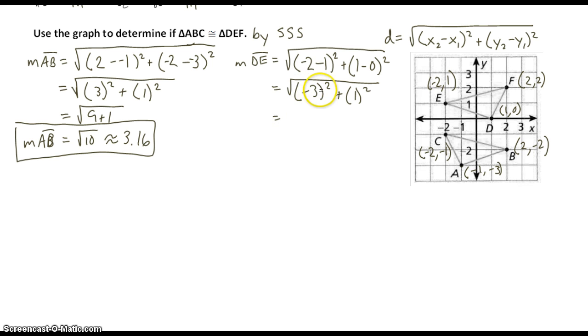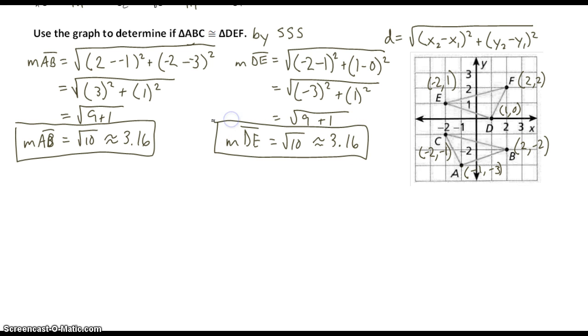Well, negative 3 squared, negative times a negative, is actually a positive 9. So the measure of DE is also the square root of 10, which is approximately 3.16 long. So my first sides check out. I have a pair of congruent sides. Now I need to go to my second pair of congruent sides.